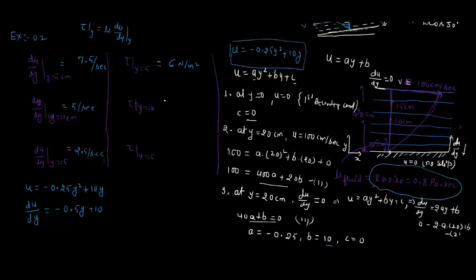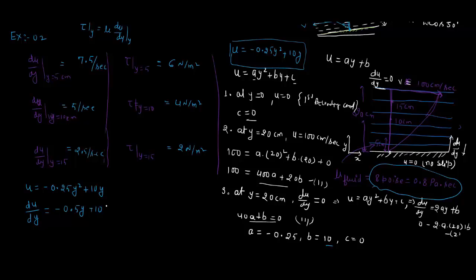At 10 cm, this value is 4 Newton per meter square, and at a distance of 15 cm from the solid surface it is 2 Newton per meter square.